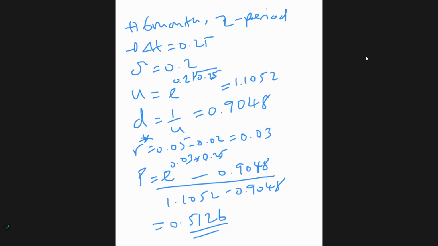How many periods are we doing? It's a 1 period model, isn't it? Just 1 period. And what else can you infer? You can infer that the price can go up to 55 or down to 45. So what is U?